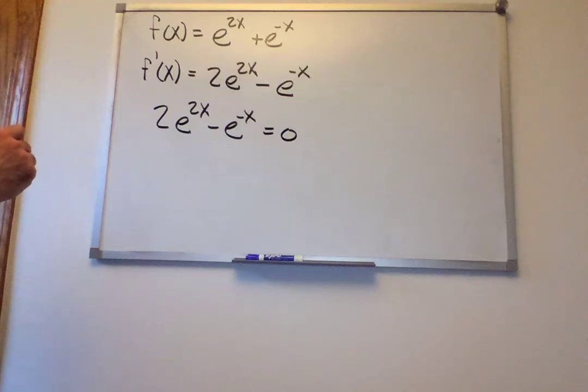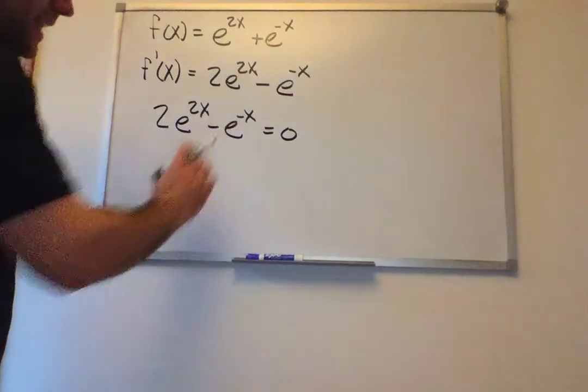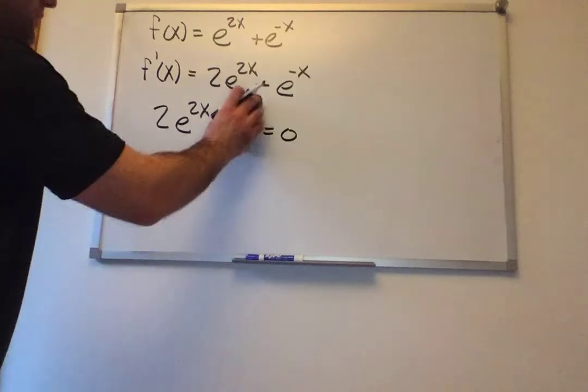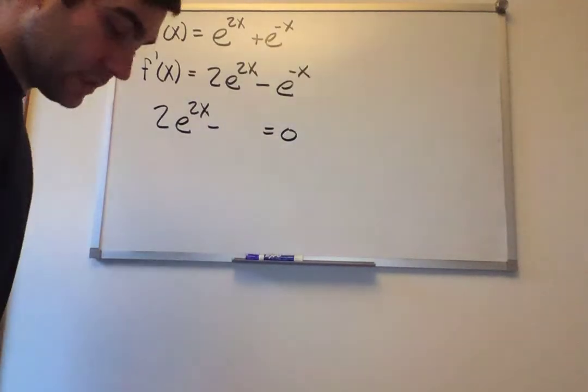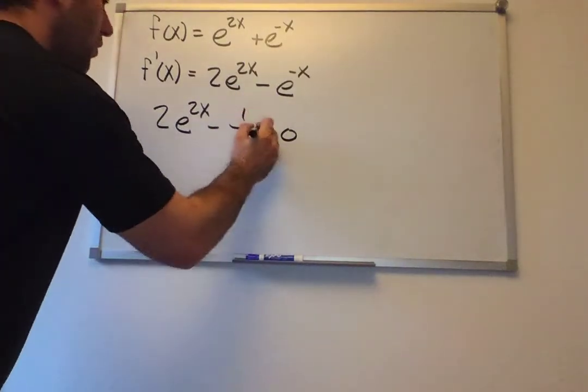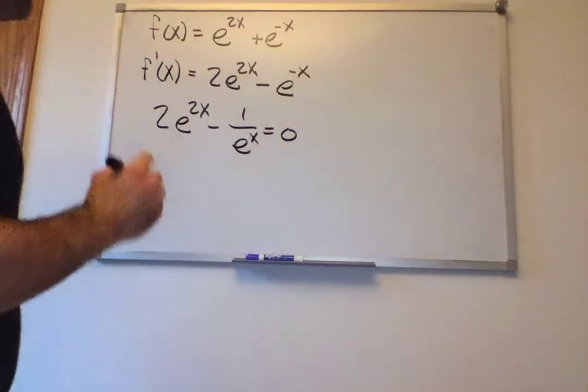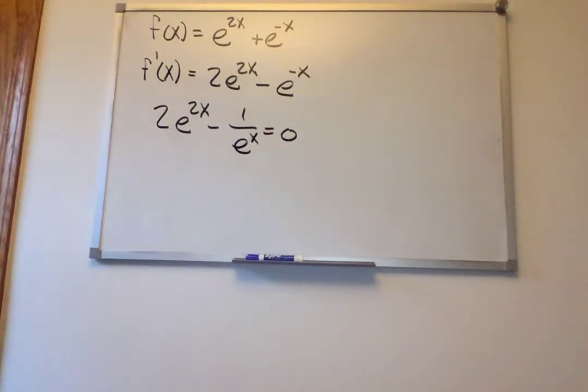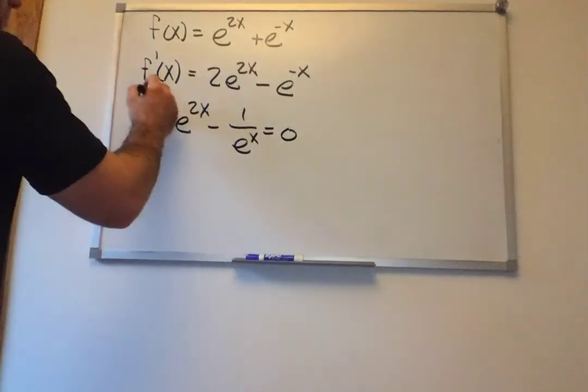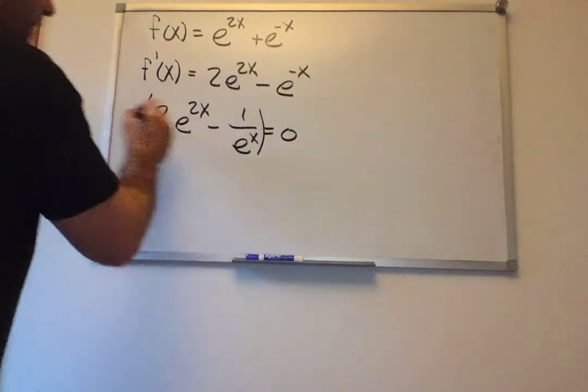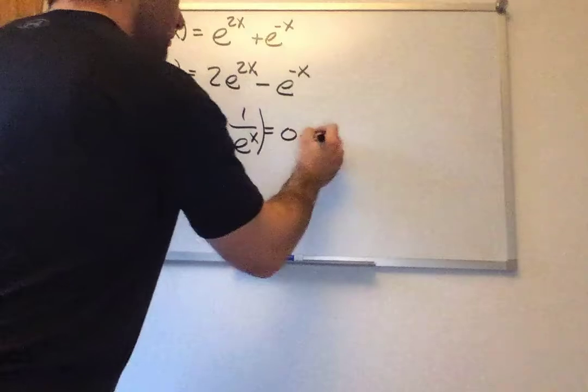Now we have to solve this. Instead of writing e to the -x, I'm going to write it as 1 over e to the x. Now I'm going to multiply both sides of the equation by e to the x.